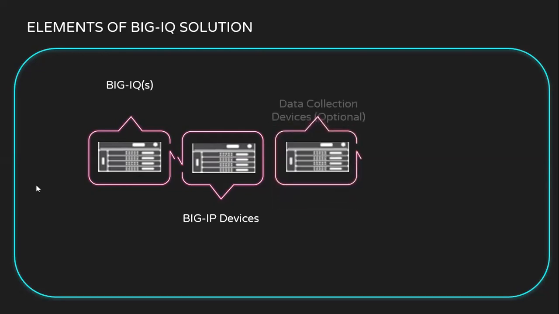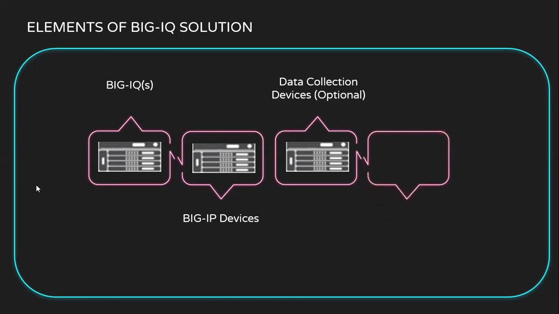Next is your data collection devices. These are again BigIQ devices themselves, but with different personalities. And then at the end, you might use remote storage devices to store the different statistics being collected via the DCDs.